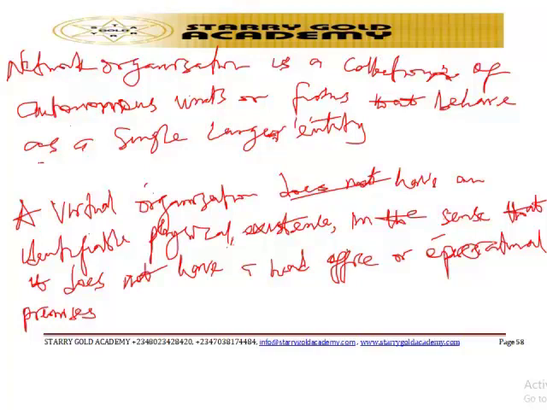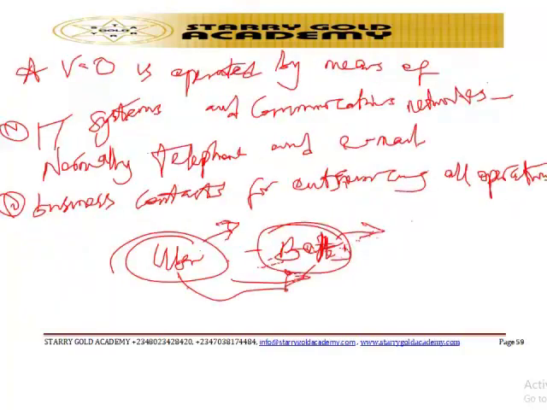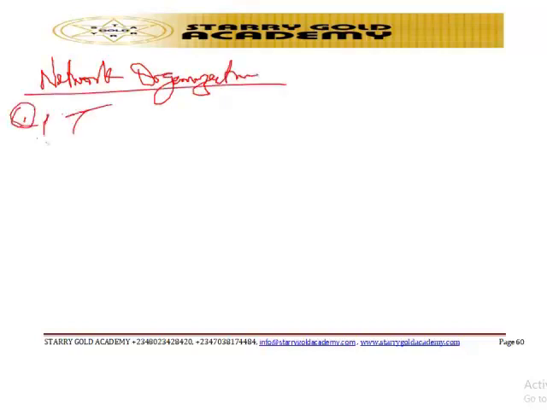Okay, so information technology and communications are important for coordinating both virtual organizations and network organizations, and for coordinating activities to maintain the shared brand. I just mentioned that IT and communications are very, very important.